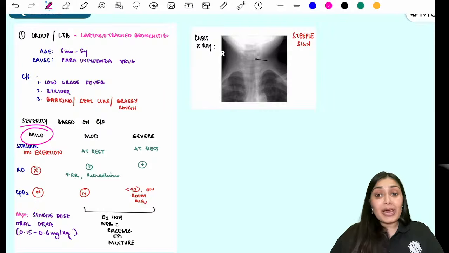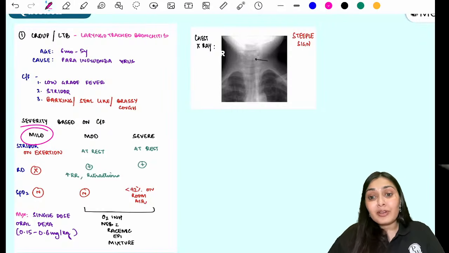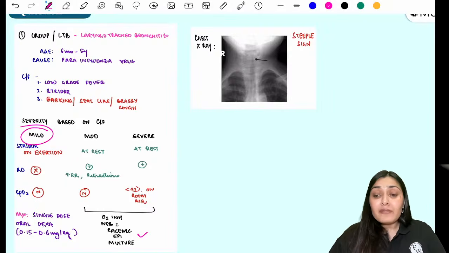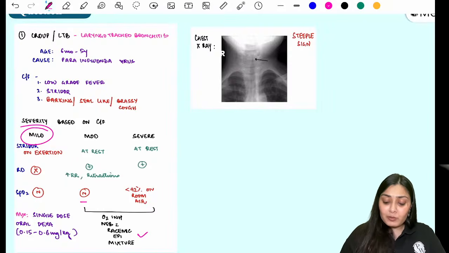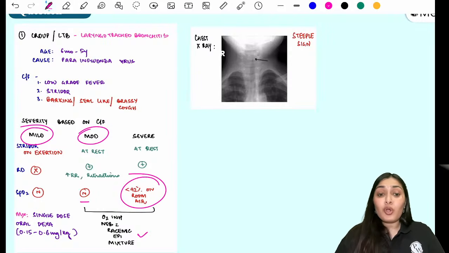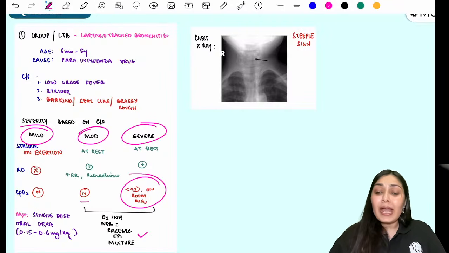But if the child has stridor at rest and signs of respiratory distress like tachypnea and retractions, then this comes under the treatment category where we give oxygen inhalation and racemic epinephrine nebulization. If the saturation is normal, this is the moderate group. If saturation is less than 92% on room air, this is severe. In both cases, you are going to give oxygen and nebulization with racemic epinephrine.